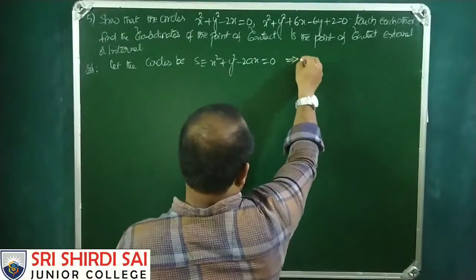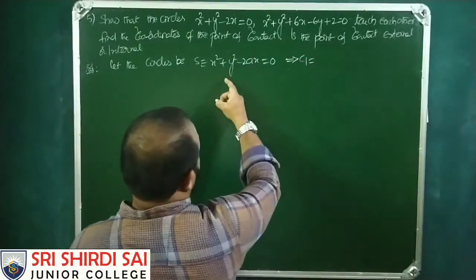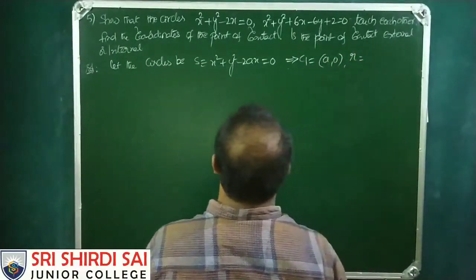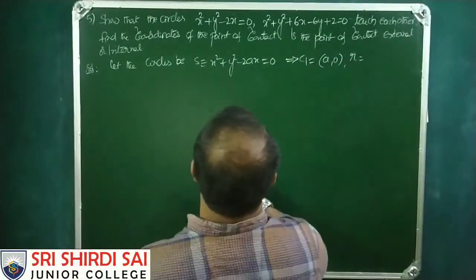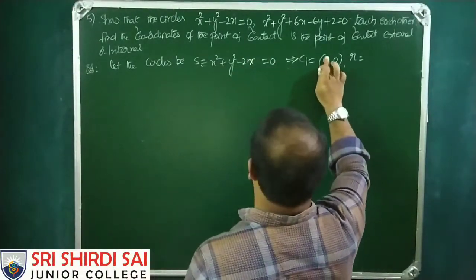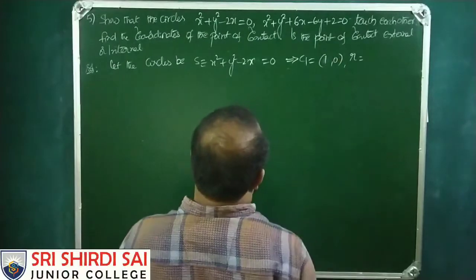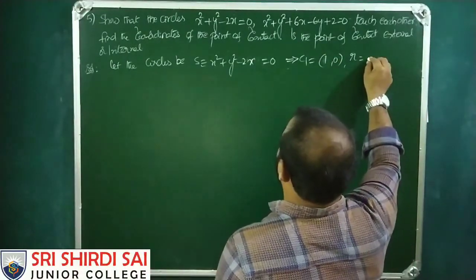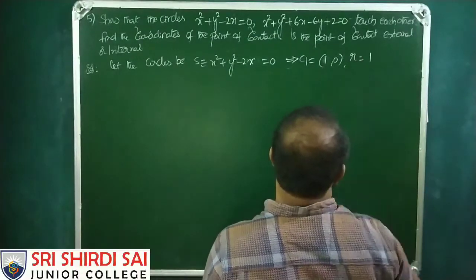So center C1 is equals to a comma 0 and radius, 2x is this, this is 2x equals to 0. Therefore center is 1 comma 0 and the radius r equals to square root of 1 square, so r1 equals to 1.